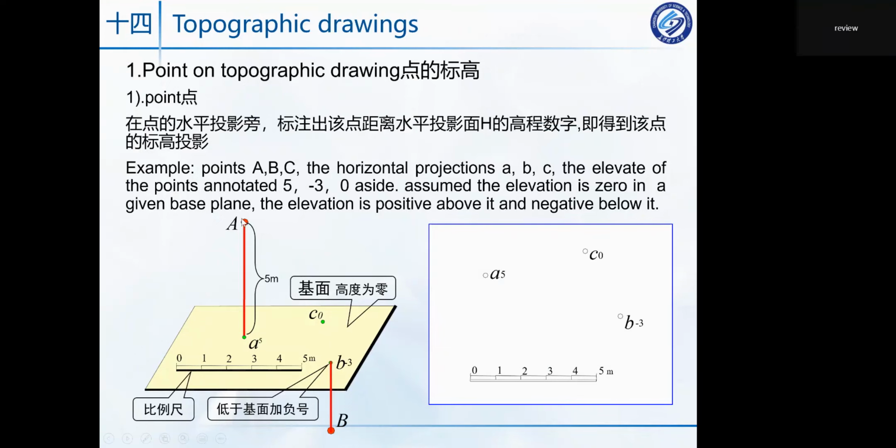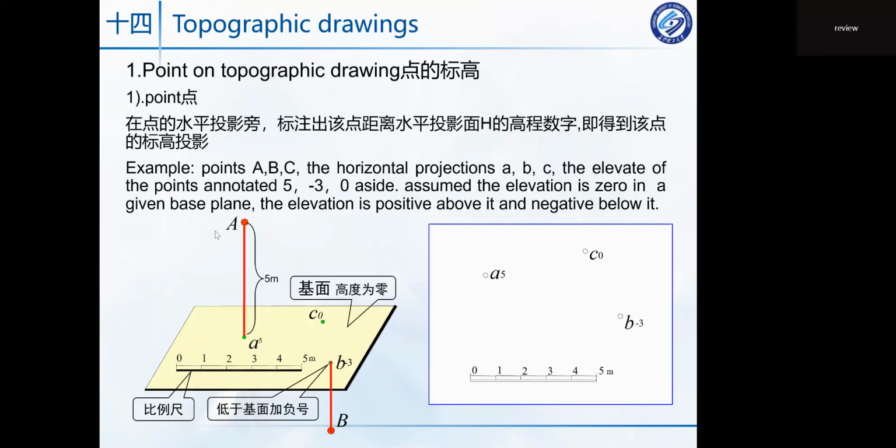So let me see. Here is the point on the topographic drawings. It's basic knowledge about how to draw the slope and the oblique line in a three-dimensional space.